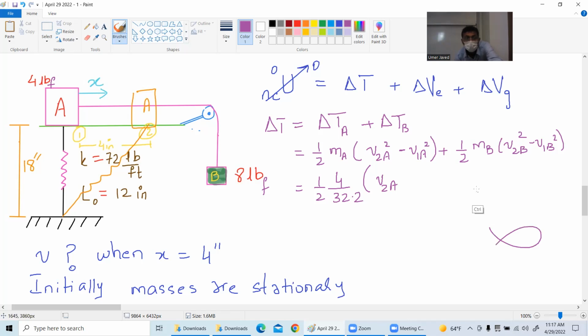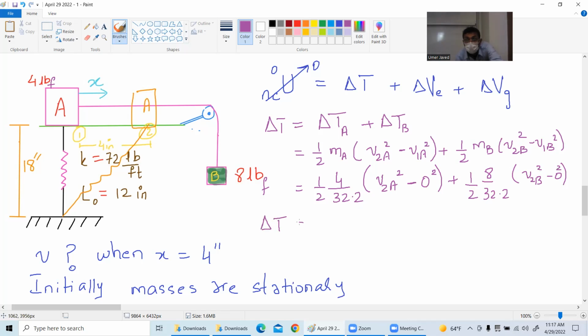Anyways, so I have V2 square minus... plus half MB, which is, I suppose, 8 over... into V2B, which is unknown. How many agree? Minus 0.